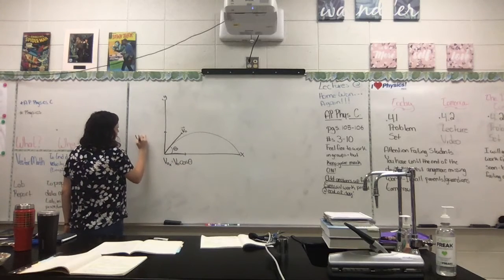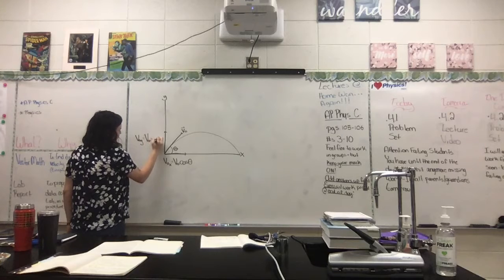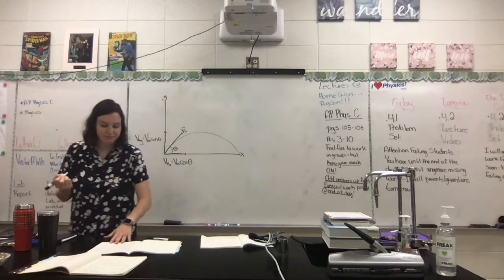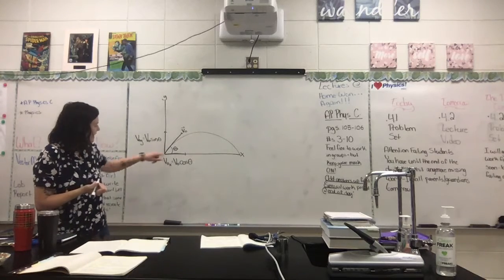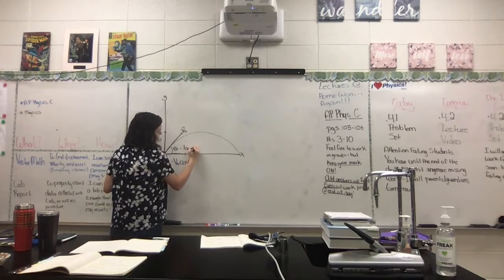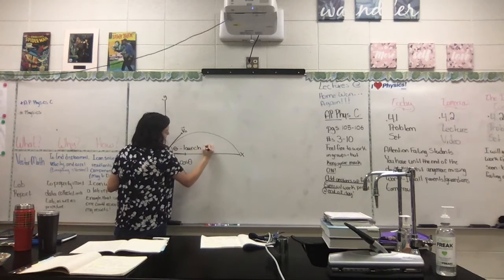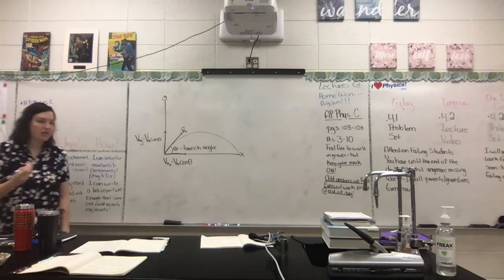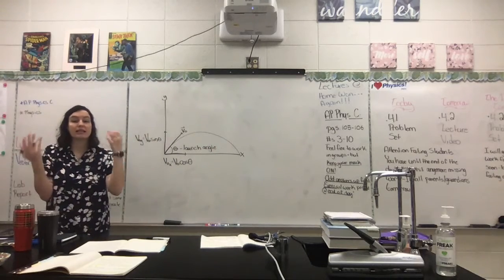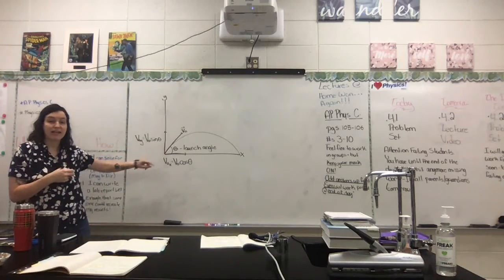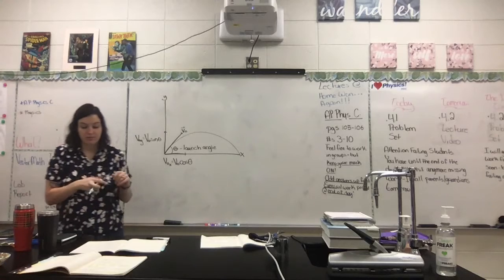And then our v0y is going to be equal to v0 sine of theta. This theta has a name, and it is referred to as the launch angle. So if I tell you in a problem that the launch angle is 30 degrees or something like that, it's referring to this theta right here. That's going to be our launch angle.